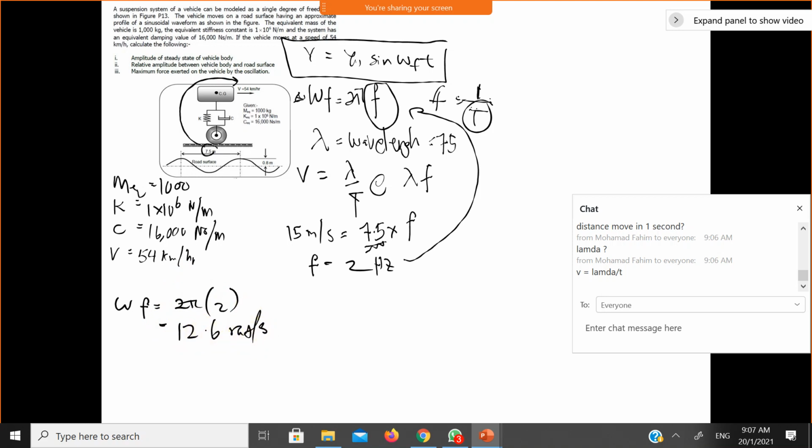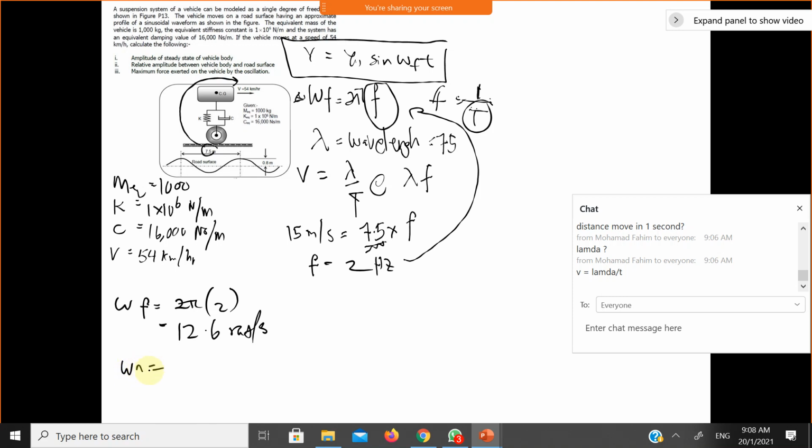Alright. Once kita dah dapat omega F, then kita boleh dapatkan nilai R lah. So before that kita nak kena dapatkan omega N dululah.